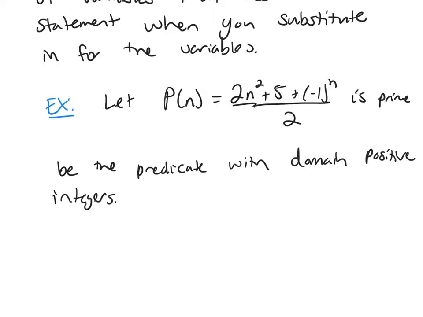So I have one variable here, and what happens when I substitute in for my variable? For example, if I plug in 1, the number you're going to get is 3. It says 3 is prime.